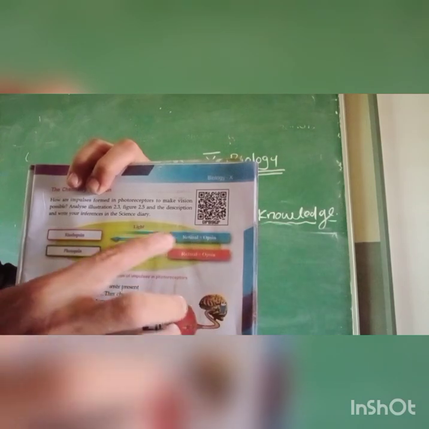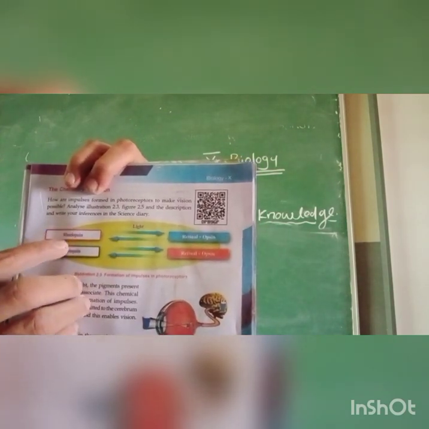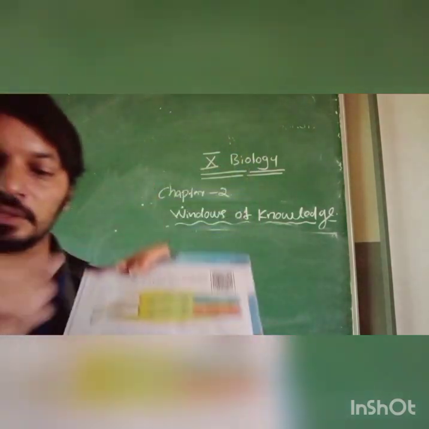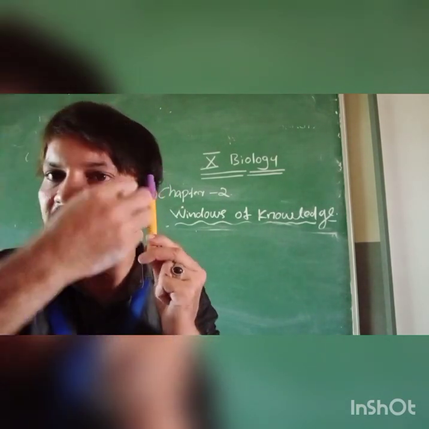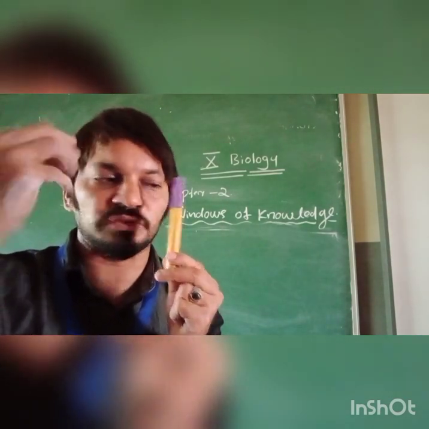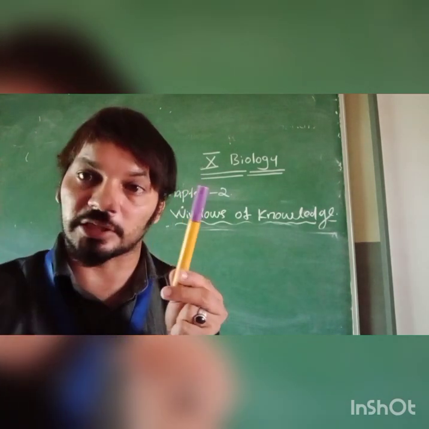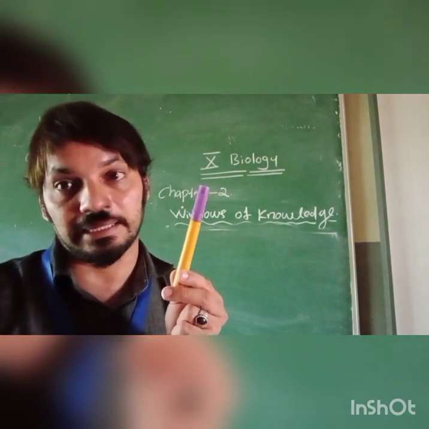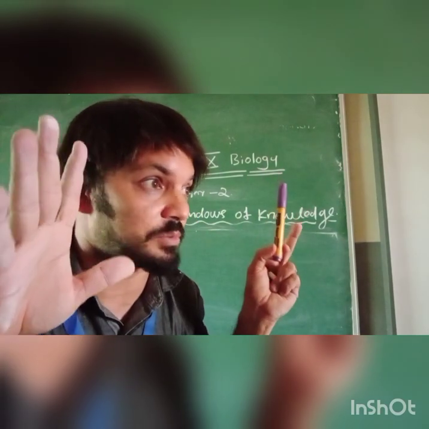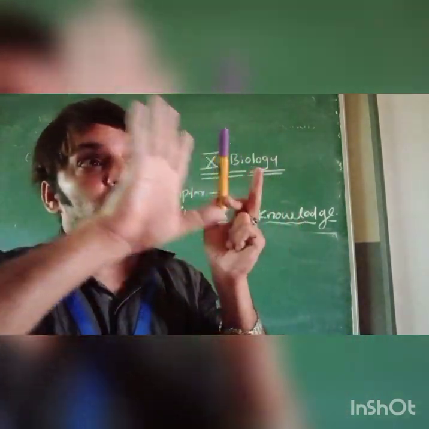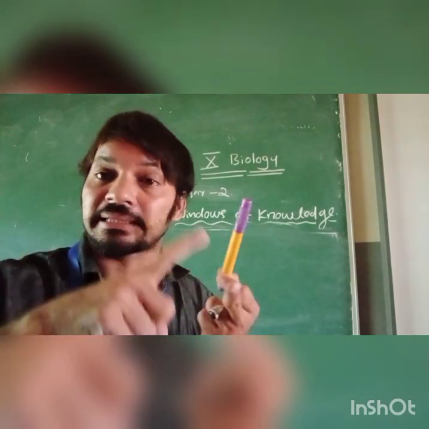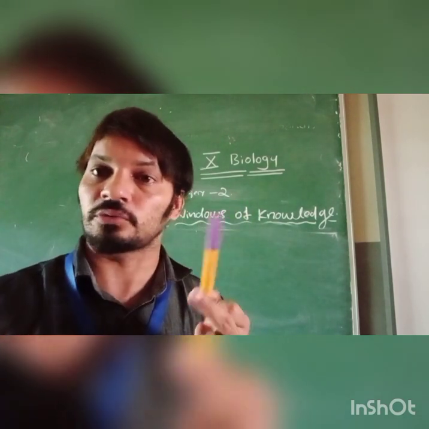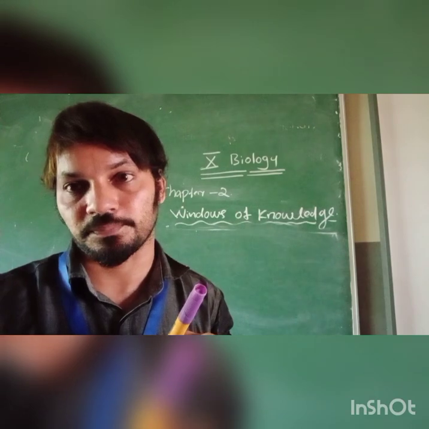The rod cell contains rhodopsin in the retina. When dim light falls, rhodopsin converts into opsin and retinal, and then we can see the object in dim light. If there is no light, it converts back: retinal and opsin come back as rhodopsin.